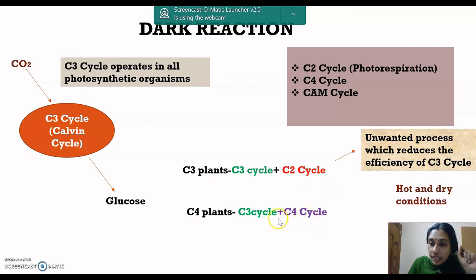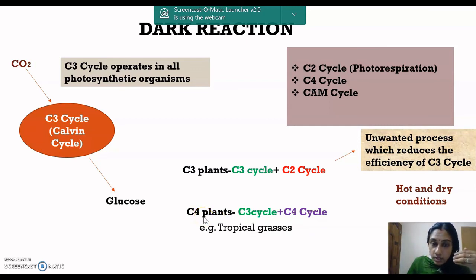C4 cycle is operating in C4 plants for avoiding photorespiration and to increase the efficiency of C3 cycle. So by preventing C2 cycle, this C4 cycle increases the efficiency of C3 cycle and increases the photosynthetic productivity. So that is why C4 cycle is known as an adaptive cycle for C4 plants.